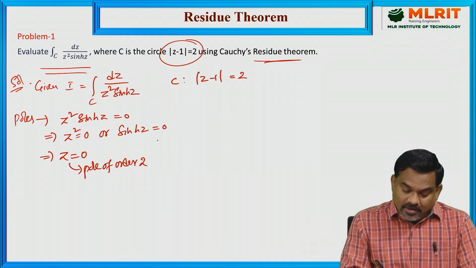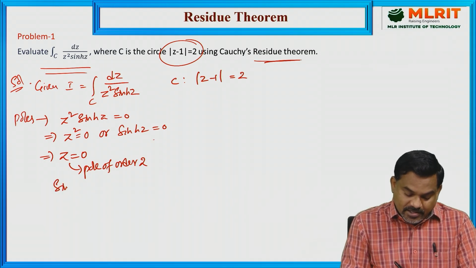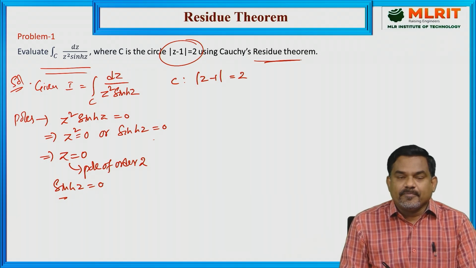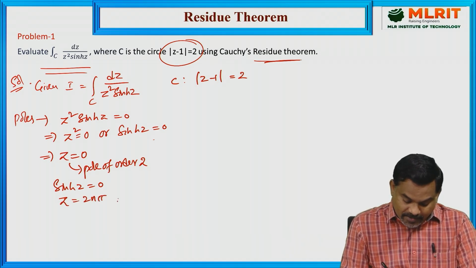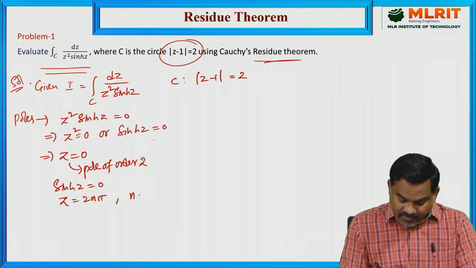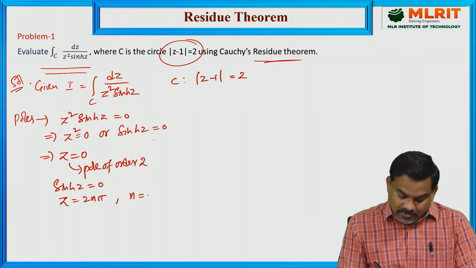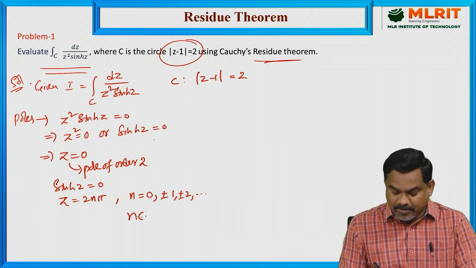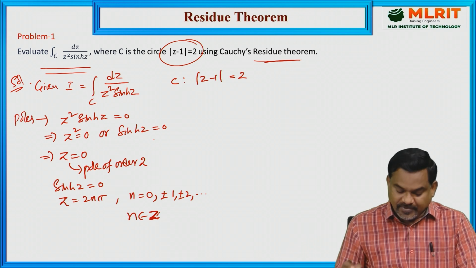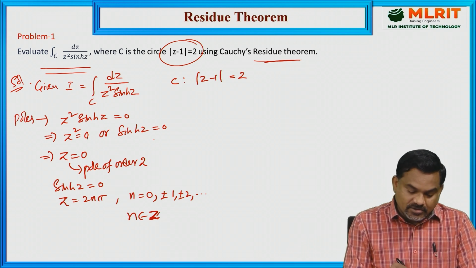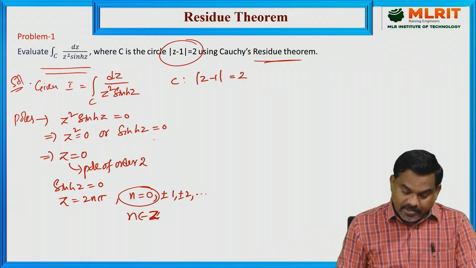Also sinh z is 0. That implies sinh will be 0 if the angle is n pi i. So z equal to n pi i, where n equal to 0, plus or minus 1, plus or minus 2 and so on. That means n belongs to the set of integers Z. Here already z equal to 0 is a pole of order 2, and here again it is repeated.